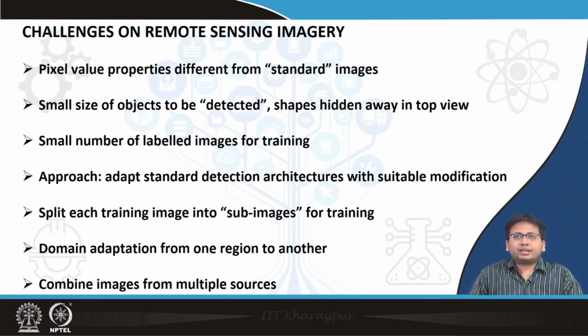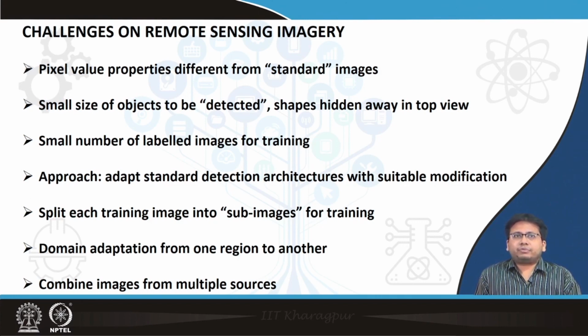So a manageable number of images, let us say a few hundreds or at most a few thousand, are collected and labeled, and then those labeled images are split into multiple sub images, and each sub image is used for training purposes. And sometimes domain adaptation is also used from one region to another.